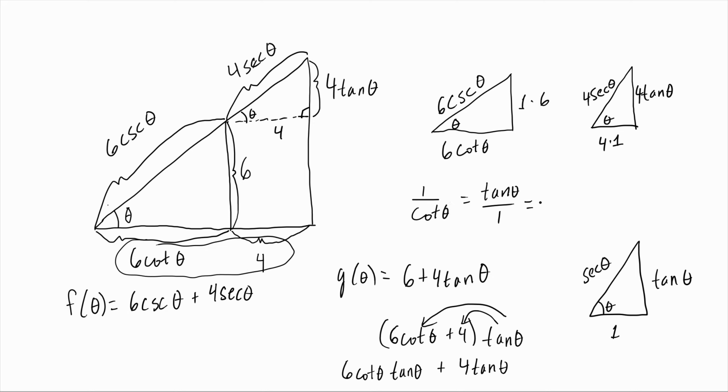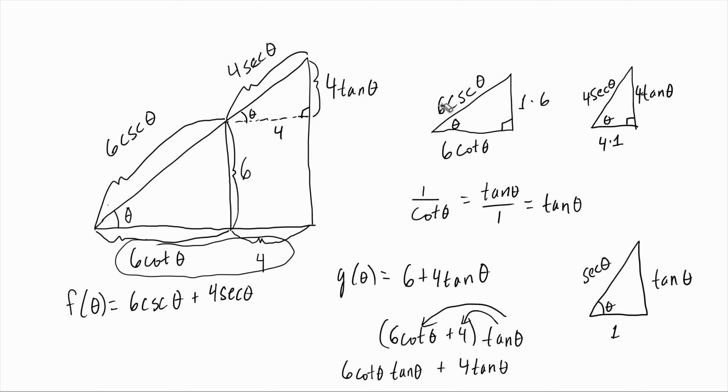Tangent theta itself is equal to 1 over cotangent. So you can see that these two triangles, if you have theta here and theta here, are actually similar to each other.